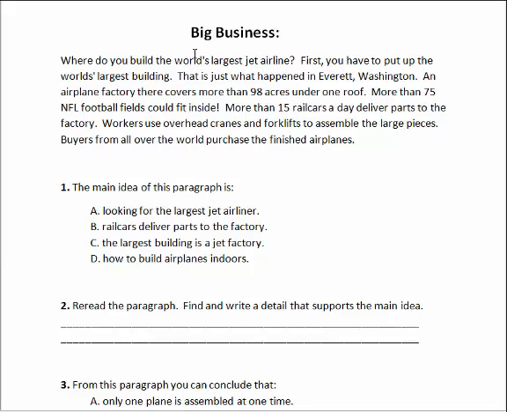First of all, the world's largest, I feel that that's positive. For some reason, wow, cool. NFL football fields, exclamation tone. I feel like the words they're selecting here are going to be positive. They deliver parts. Buyers from all over the world. I feel that the overall tone that the author is suggesting here is going to be positive.